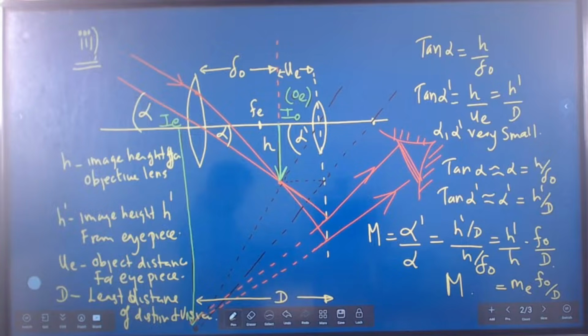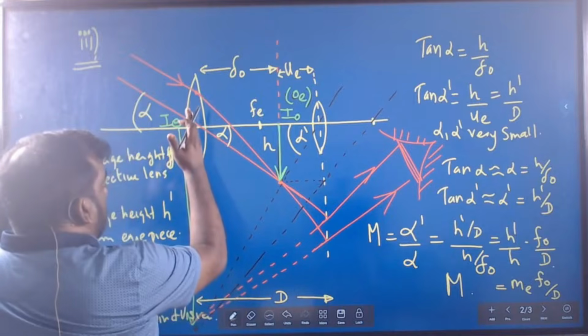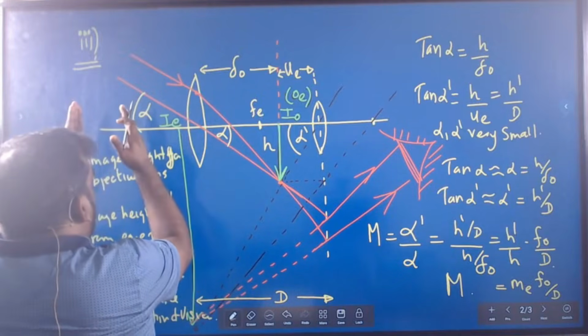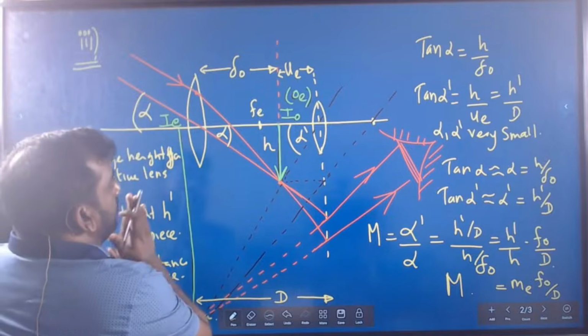Objective should be moved by 10 centimeter. So from this position to look closer, I must go closer, 10 centimeter here.